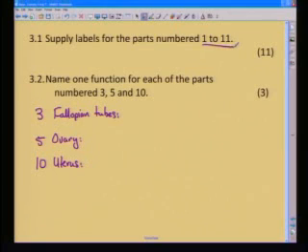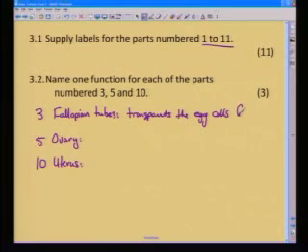So, what is the function of the fallopian tubes? It transports the egg cells from the ovary to the uterus. You could also have said fertilization takes place inside the fallopian tube because that's a function of the fallopian tube as well.